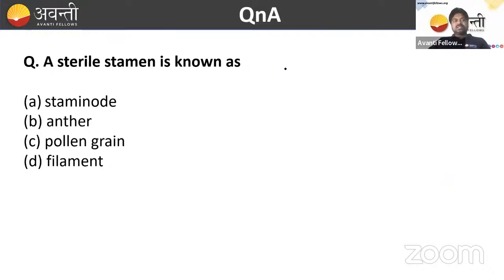Next, what do we call a sterile stamen? Option A, staminode. Option B is the anther. Option C is the pollen grain. Option D is the filament. Please answer fast. You have 1 minute to solve this question.